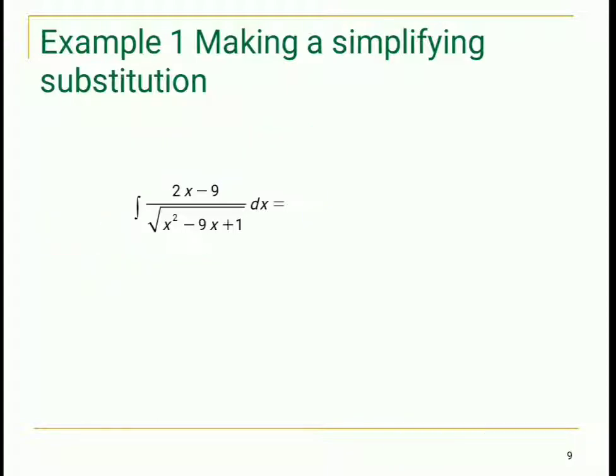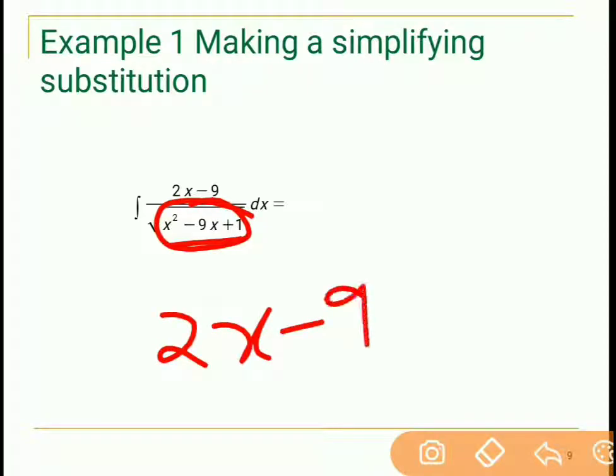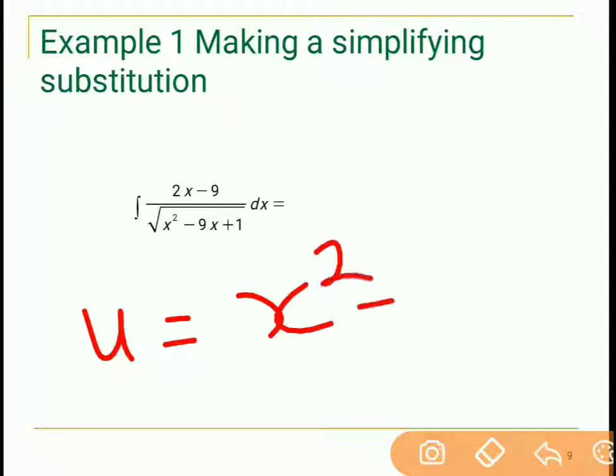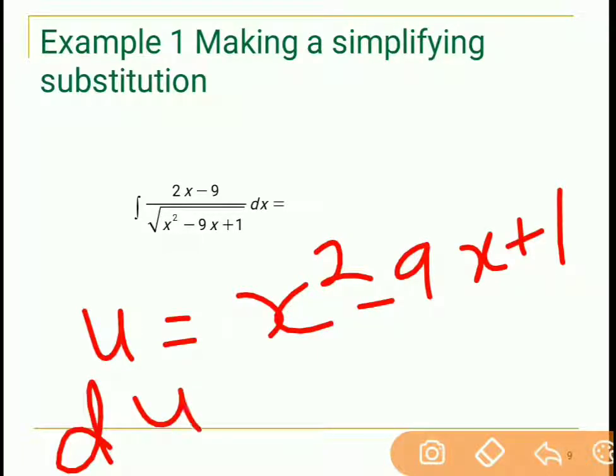Now if you observe x square minus 9x plus 1, then if you take the differentiation of this bottom function, you get differentiation of x square minus 9x plus 1 is what? 2x minus 9. It means if we take u as one variable which is equal to x square minus 9x plus 1, then differentiation of u is equal to what?